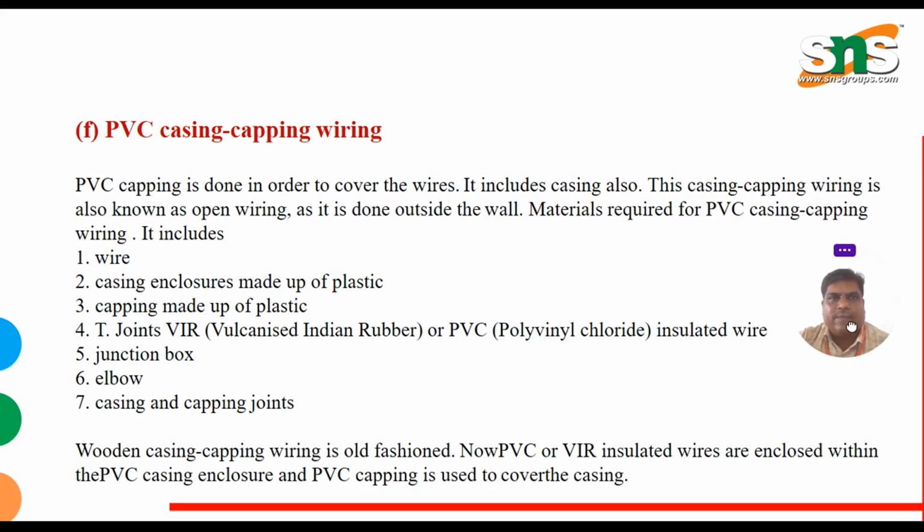PVC casing capping wiring. PVC capping is done in order to cover the wires. It includes casing also. This casing capping wiring is also known as open wiring as it is done outside the wall.